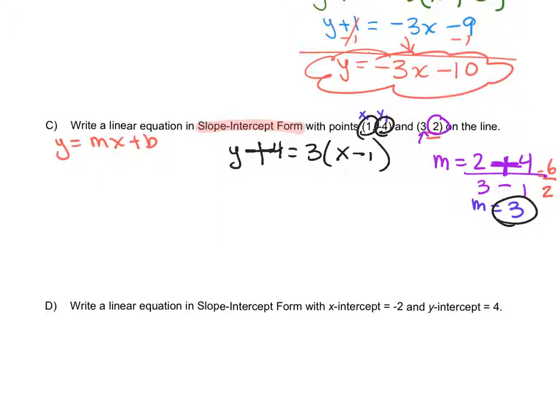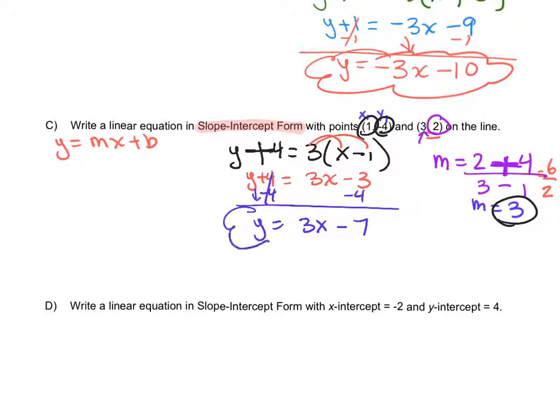Minusing a minus becomes a plus. y plus 4 is equal. Distribute the 3, you get 3x minus 3. Now, we want it in slope-intercept form, so that means we need to move the 4 over again. Minus 4, minus 4. y is equal to 3x minus 7. And that's the equation in slope-intercept form.